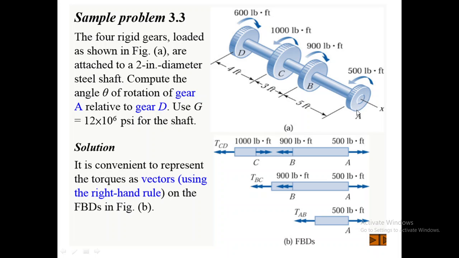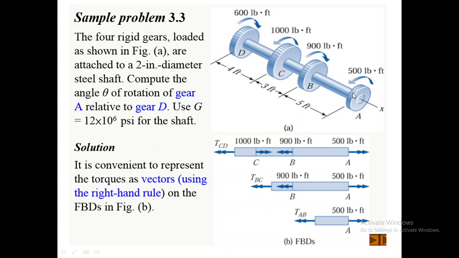So at point A we have 500 Newton meter, 900 Newton meter clockwise, 1000 Newton meter anti-clockwise, 600 Newton meter clockwise. So like that we have to analyze the torques, and we have to find out the angle of rotation, that is the angle of twist of gear A relative to gear D.